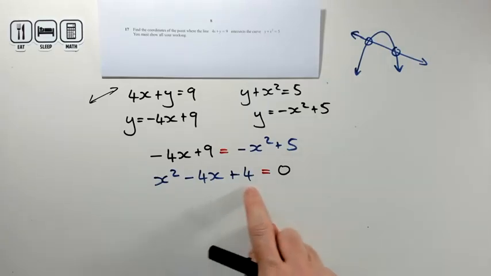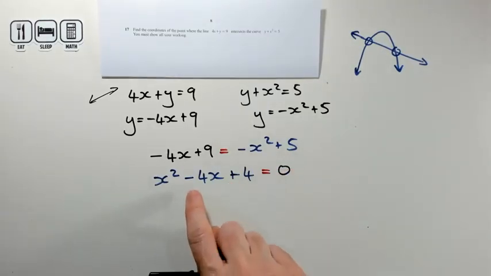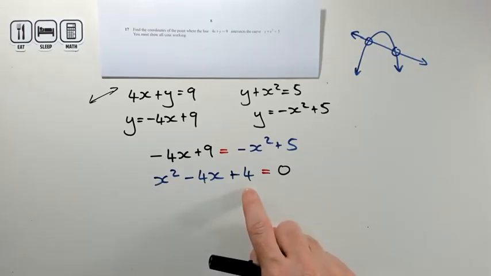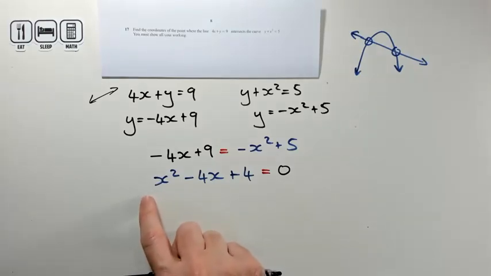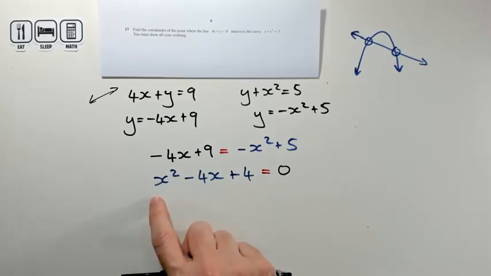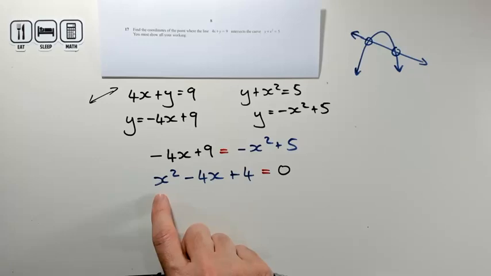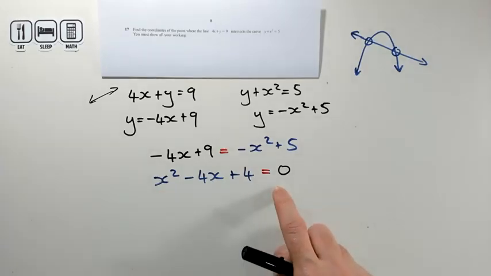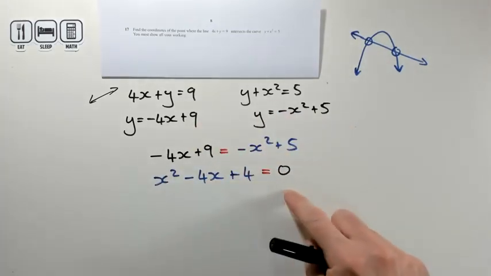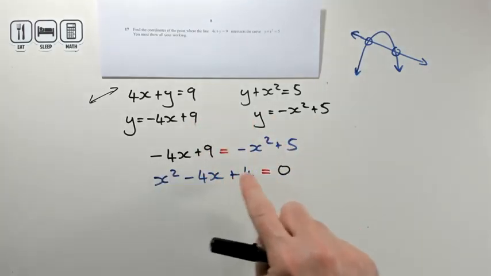Okay, so now I have this new equation. Now this equation is two equations in one, basically. It's the equation of the parabola combined with the equation of the straight line. Now the reason I'm putting so much emphasis on this is sometimes they give you this and they maybe give you the straight line and ask for the parabola, or vice versa.